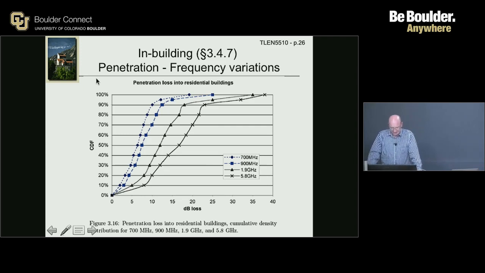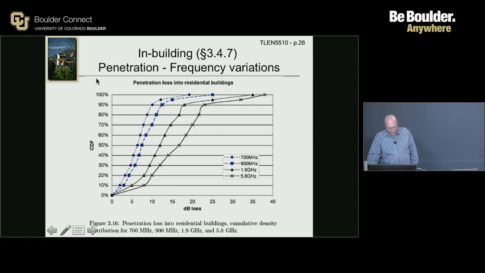But the picture is actually more complex. That's saying, on average, at 700 megahertz, a residential building will have about 6 dB attenuation. On average, at 5.8 gigahertz, a residential building will have an 18 dB attenuation.